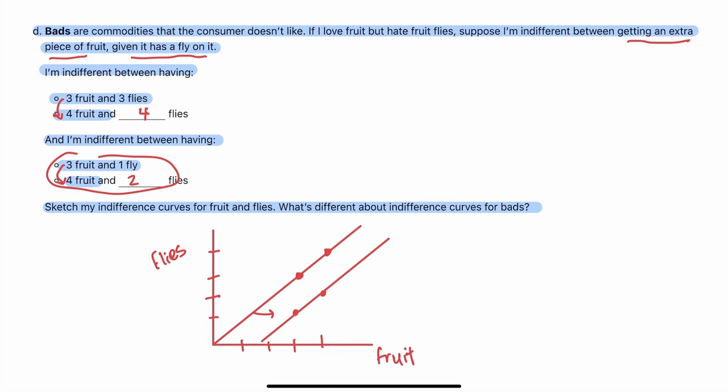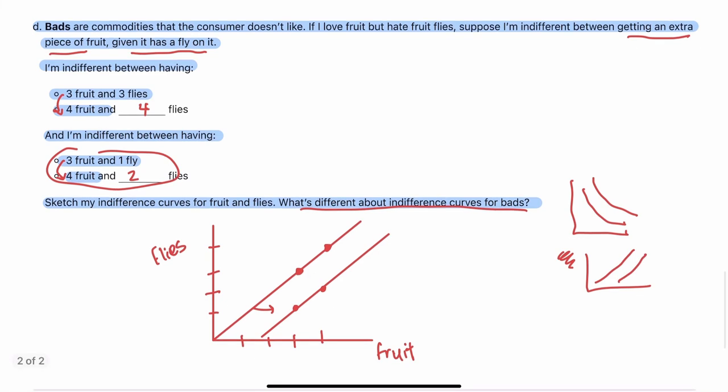Slope of 1 either way. So yeah, what's different about indifference curves for bads? For goods, our indifference curves looked like this, right? When the variable over here is the number of bads that we have, our indifference curve slopes the opposite direction. So that's kind of what's interesting about that.